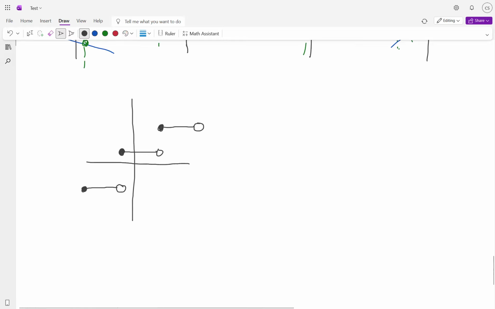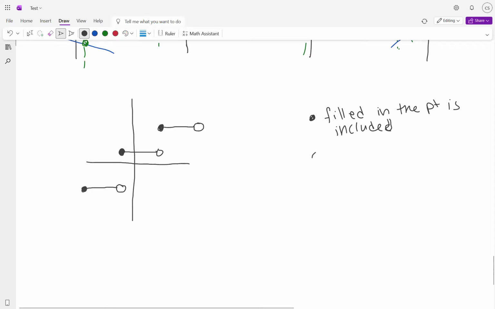So a filled in circle means that this point is filled in, this point is included. That's supposed to be a D, included.